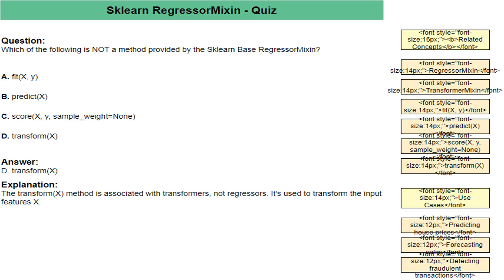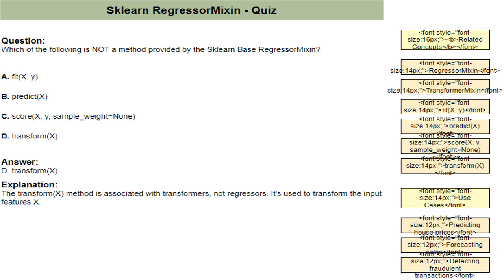The score(X, y, sample_weight=None) method is used to evaluate the performance of the trained regressor model on input features X and target values y. It provides a measure of how well the model is able to predict the target values. This method is crucial for assessing the accuracy and effectiveness of the model.